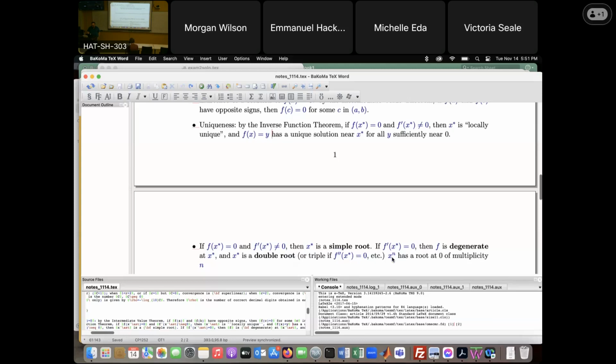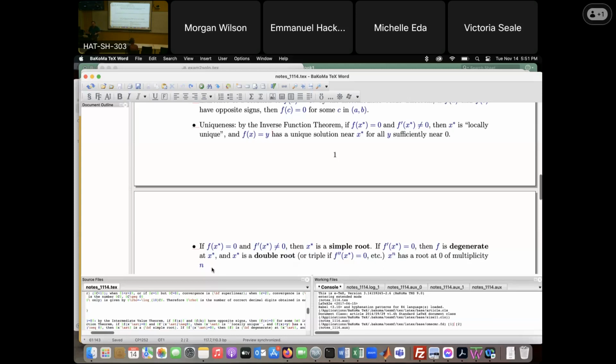For example, the monomial x to the n has a root at 0 and the multiplicity is n. So when f is degenerate, root finding methods don't work so well, at least the most rapidly convergent ones that we're seeing.